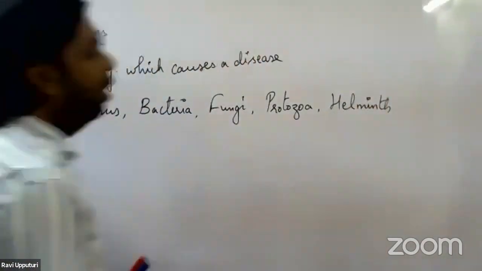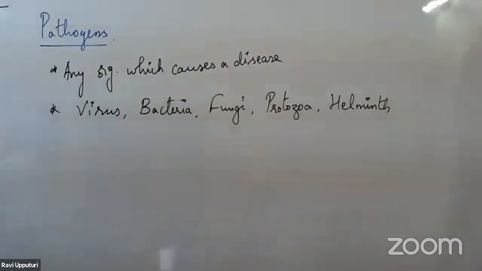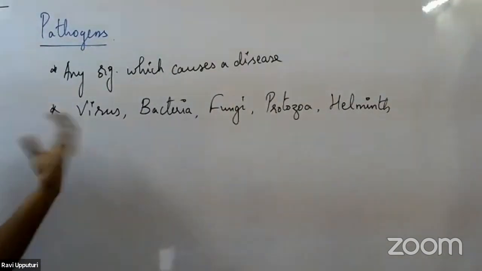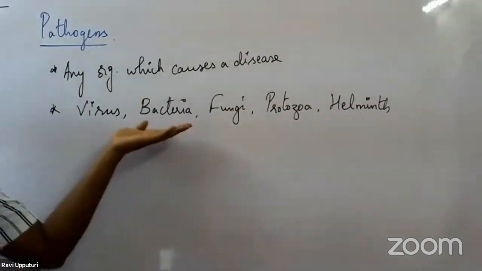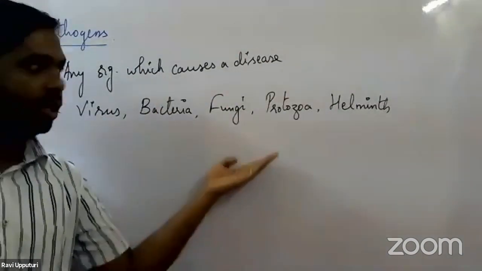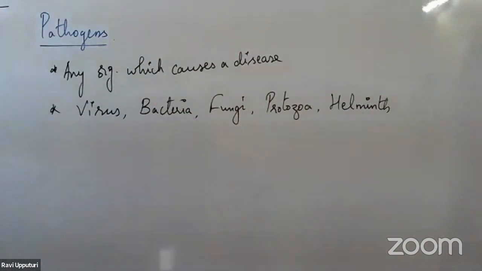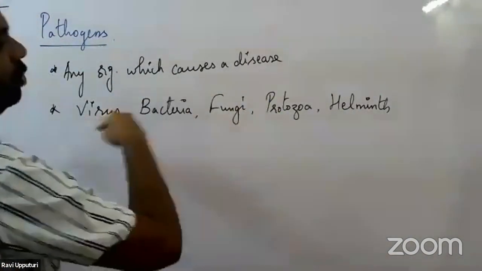All the organisms which have the ability to cause a particular disease would fall in one of these categories. So all of the disease-causing organisms have been classified into one of these groups.